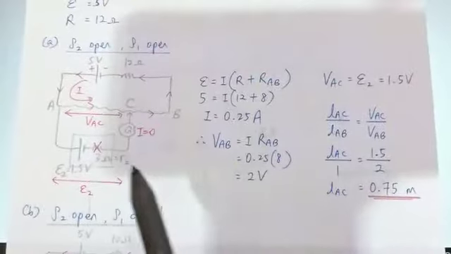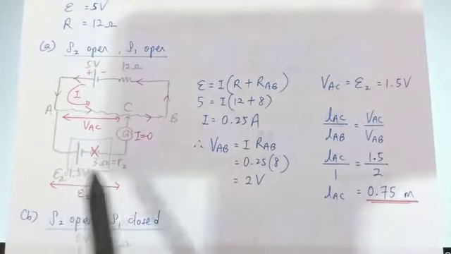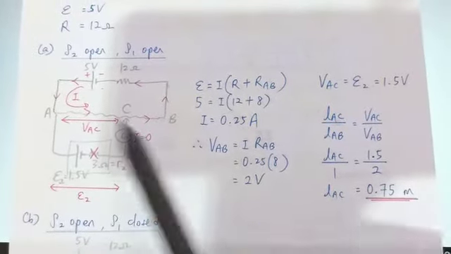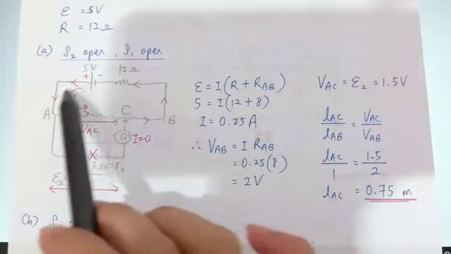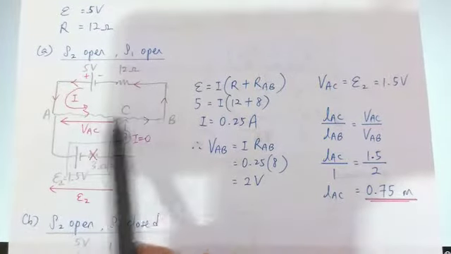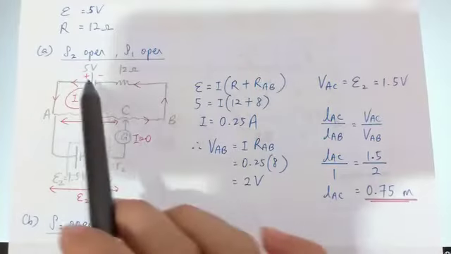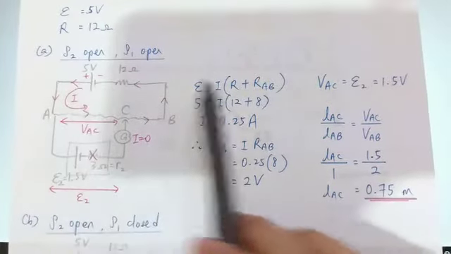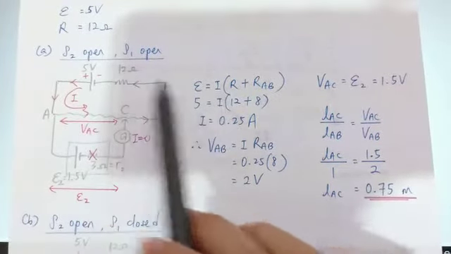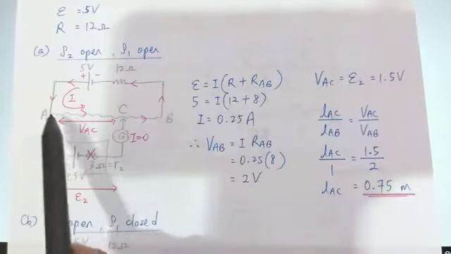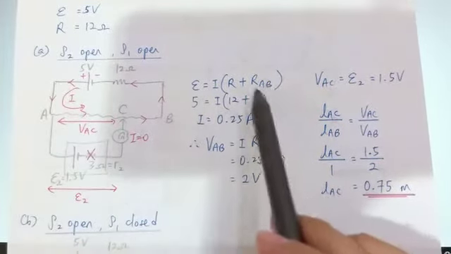Just this battery is connected. First of all, above here there is current flow. This 5 volt is E, this 12 ohm is the big R, and then AB is the RAB.